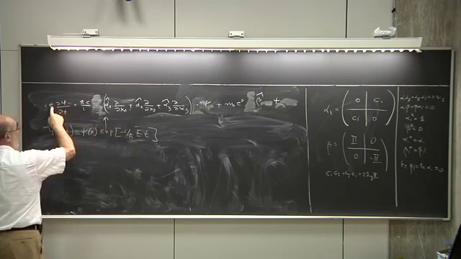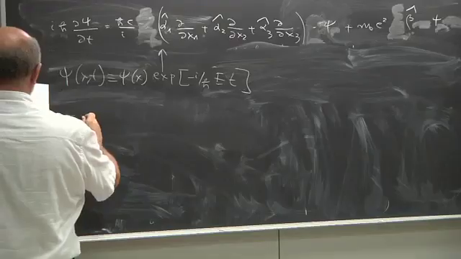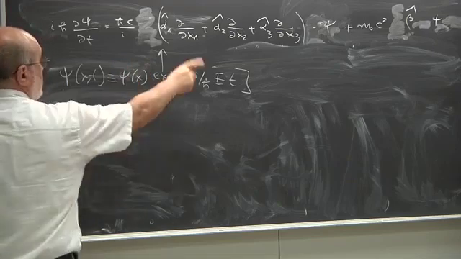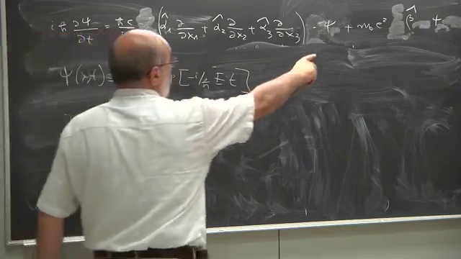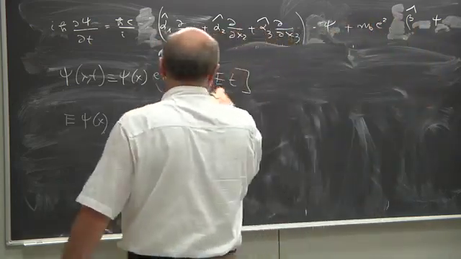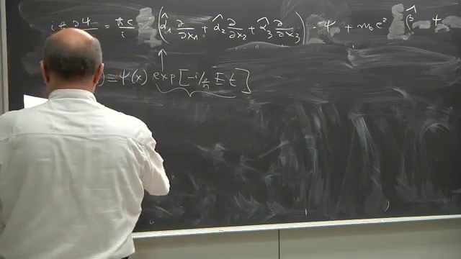The h bar in the denominator cancels this h bar, and here you are left with E. So you get E psi of x times the exponential. But the exponential remains also here and here, because nothing touches it, so we can cancel it. And at the end, the equation is this.